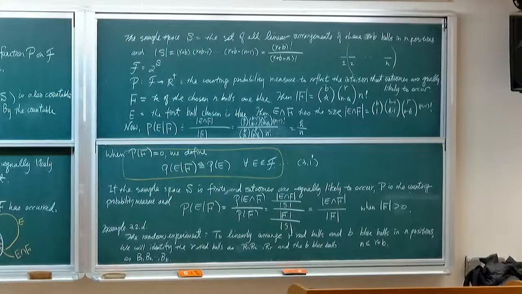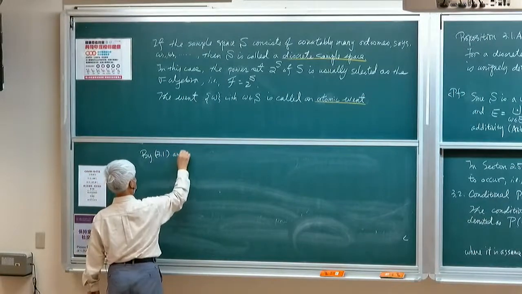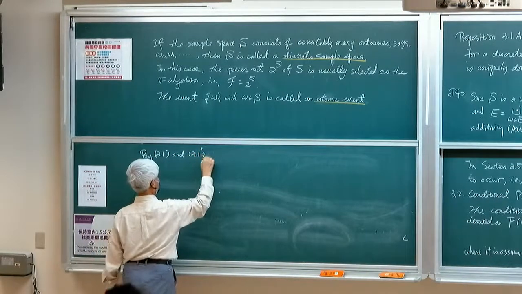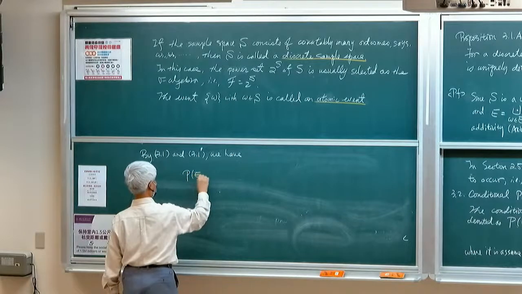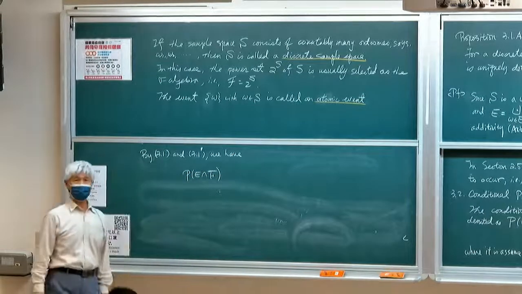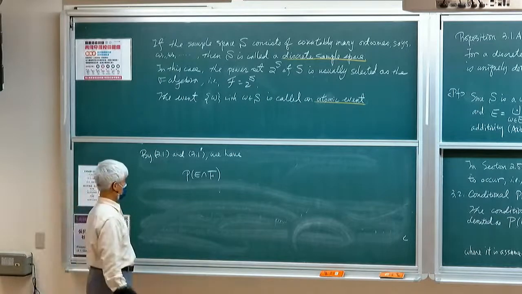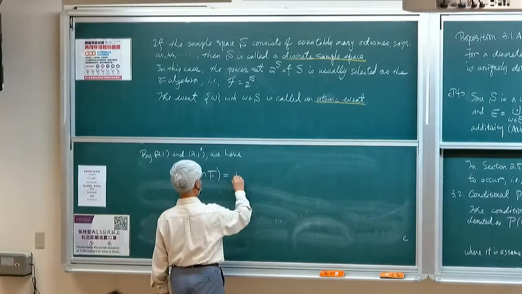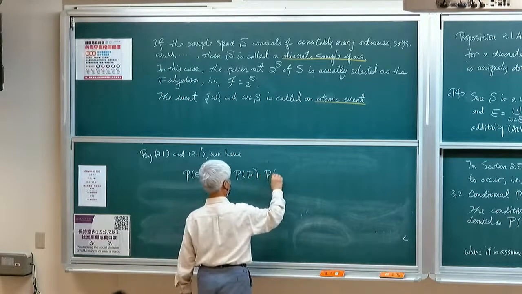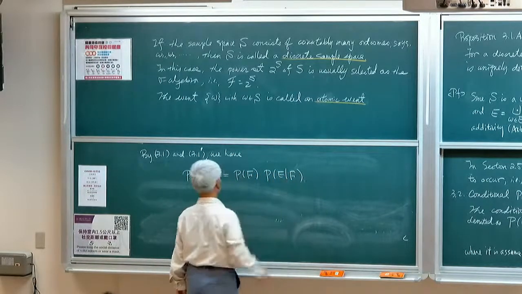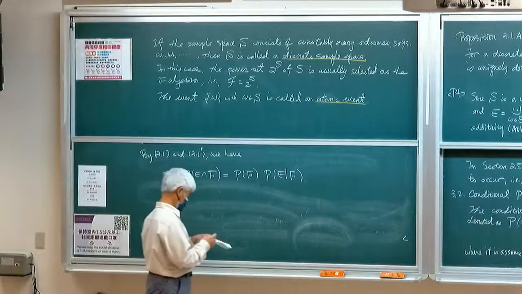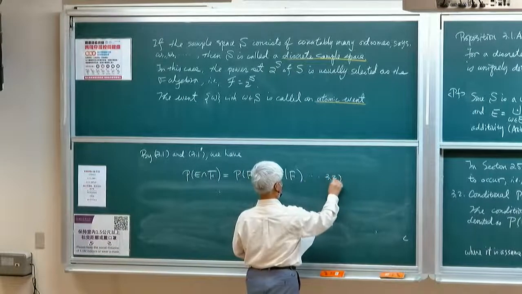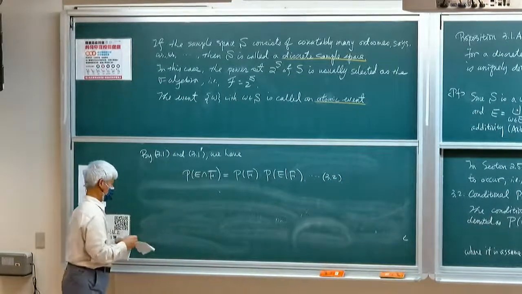Okay. So by 3.1 and 3.1 prime, we can have the probability of the intersected event E and F is equal to probability of F times probability of E given F. Right, this is called equation 3.2.